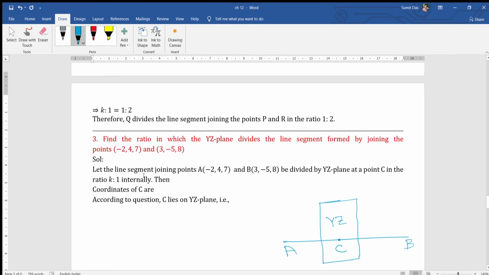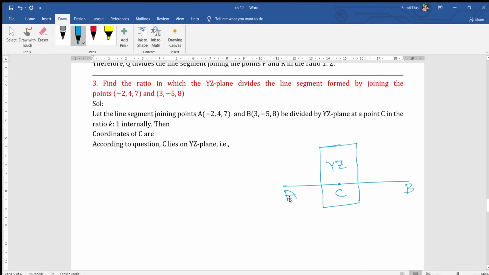Let the line segment joining A (-2, 4, 7) and B (3, -5, 8) be divided by the YZ plane at C. C is the point in which the YZ plane divides the line segment AB in the ratio k is to 1.